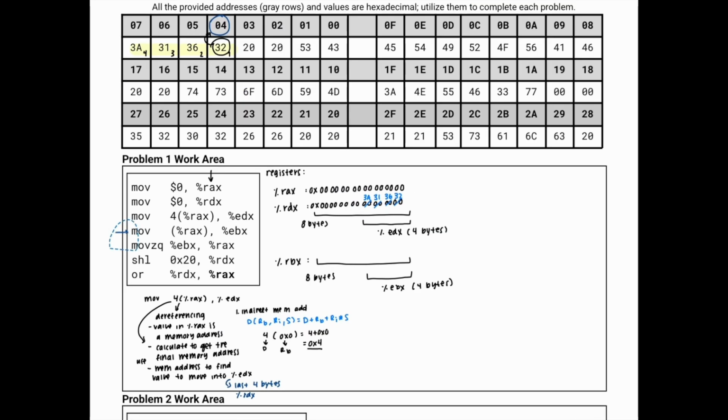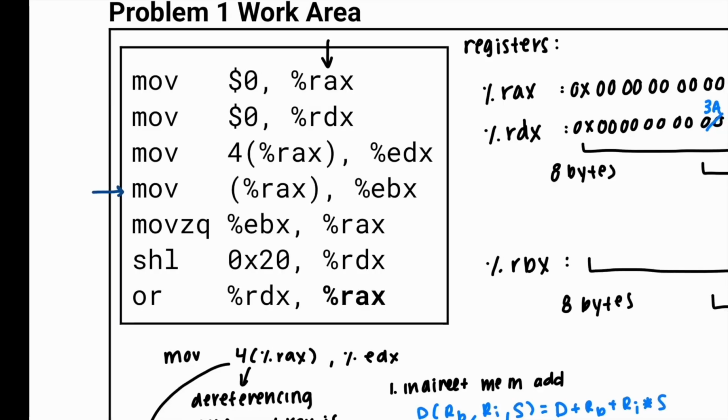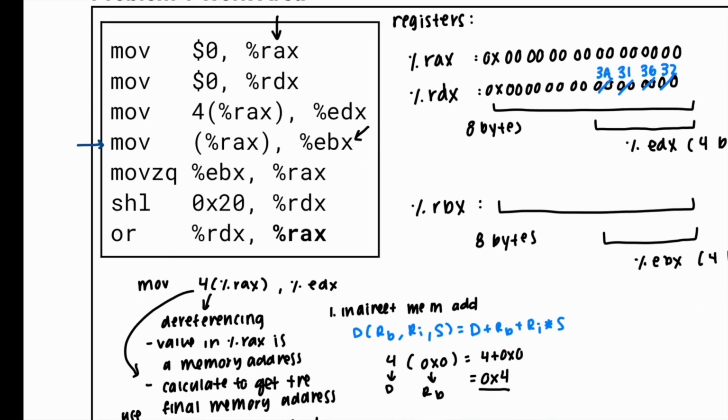Let's move on to the next instruction. Again, we see these parentheses, so we know that we will be accessing some memory address. And on the right side, we're going to move a value into EBX. When we see that E, we know that we are referring to the last 4 bytes of the register RBX. So let's do some dereferencing.